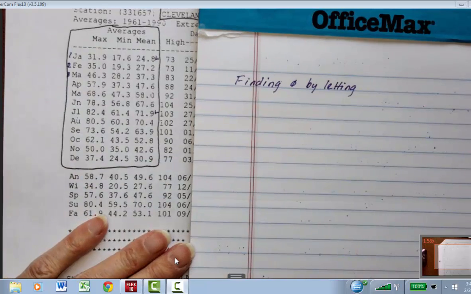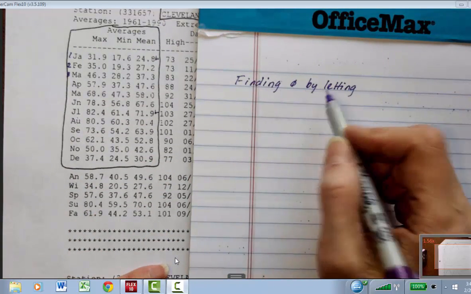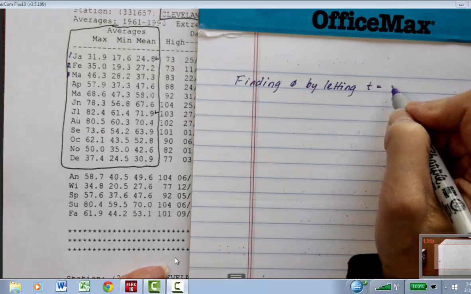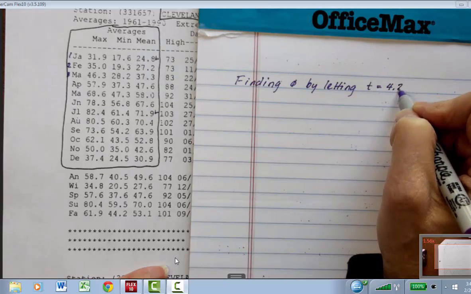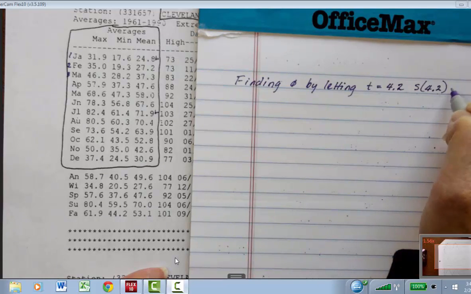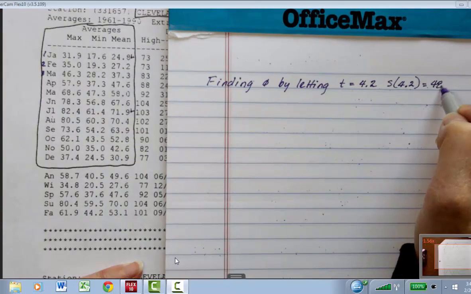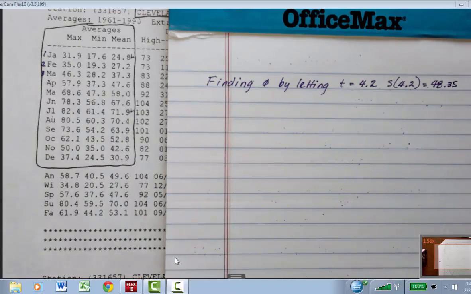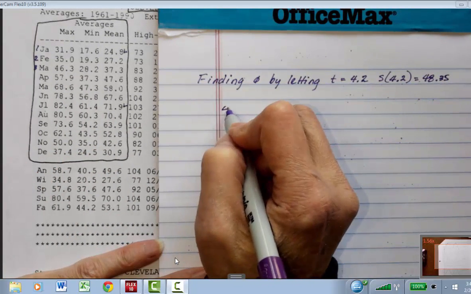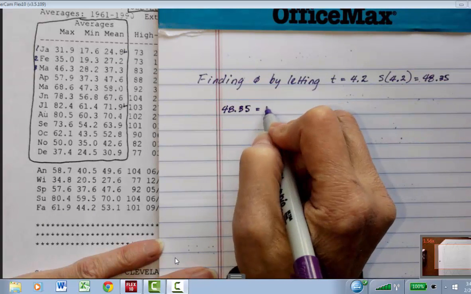So now I'm going to say, well, what if we let t, instead of being equal to 4, let's say, what if it's equal to 4.2? And then we're going to say again, S of 4.2 is equal to our vertical shift, which is 48.35.